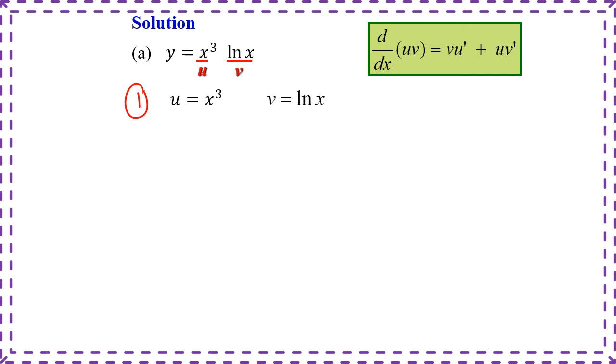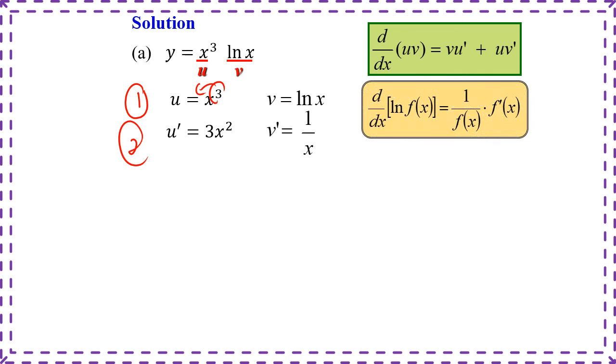Okay, now the second step will be differentiating both. So differentiate u with respect to x, it will be 3x squared. Bring 3 to the front, and then the power should be subtracted by 1. So 3x squared, and then for v, the derivative of natural log x will be 1 over x. And now you can apply the formula, v u prime plus u v prime.